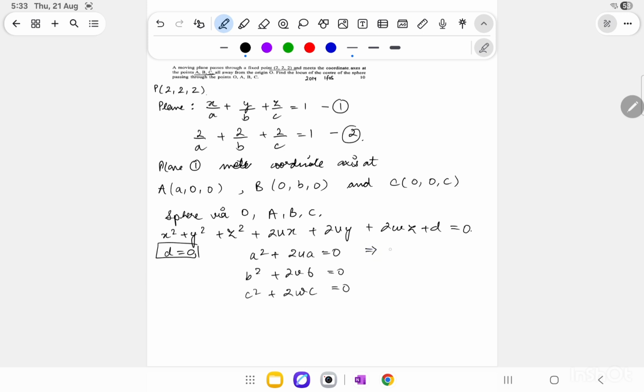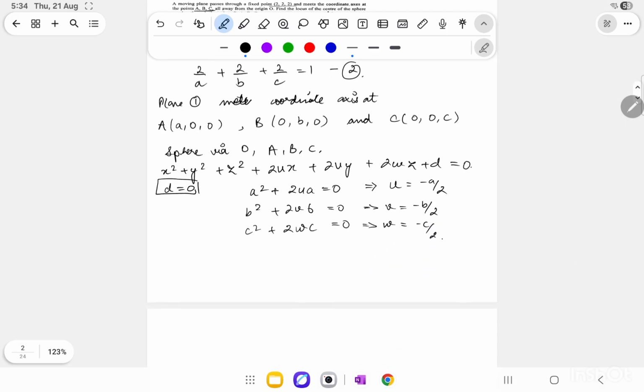So if I calculate, I'll get my u as minus a by 2, v as minus b by 2, and w as minus c by 2. So I got my equation of sphere passing via O, A, B, C. So my equation of sphere is x square plus y square plus z square minus ax minus by minus cz equals to 0.